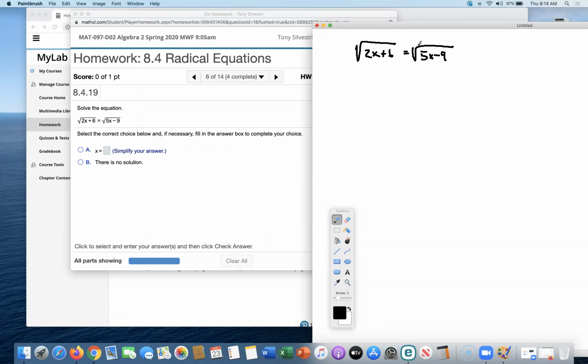I see a square root by itself on one side. It doesn't matter if it's on the left or the right. I'll just pick this one. I want to get rid of that square root, because if I square that, that'll get rid of this. Whatever you do on one side, you have to do on the other. That's the balancing of equations. You get rid of this, you get rid of this. Basically, you have no more square roots in the problem.